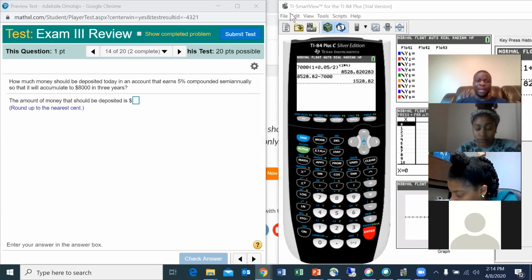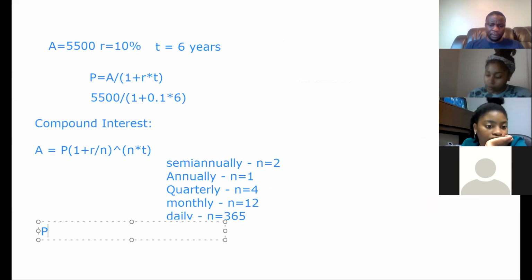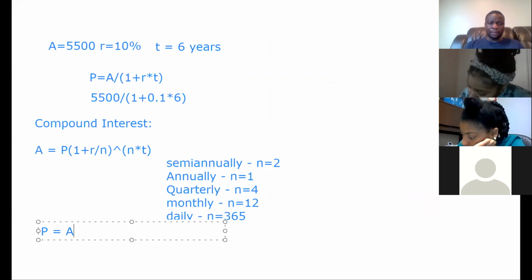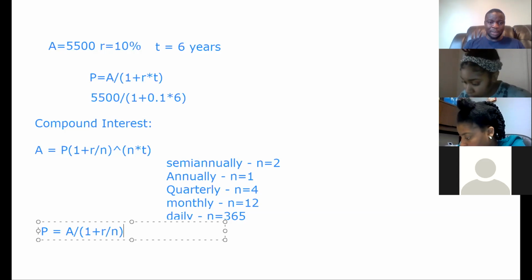So back to my whiteboard. For P, still on compound interest, the formula is A divided by open parentheses 1 plus R divided by N close parentheses, to the exponent, open parentheses, n times t, close parentheses.